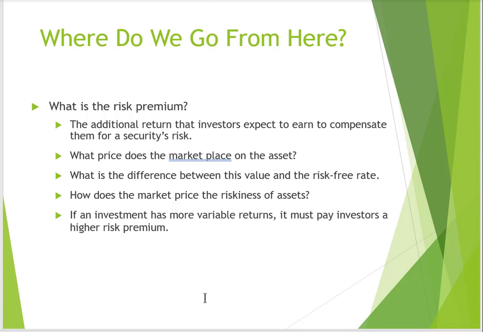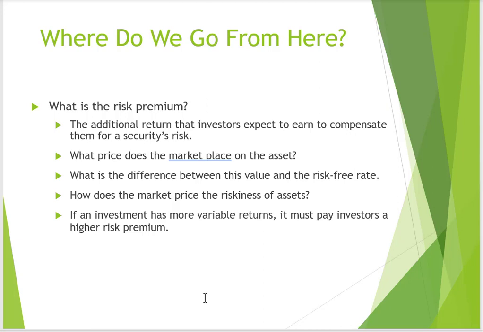So that has an impact on the marketplace, the price in the marketplace. It's going to have a difference in value, obviously, from that of the risk-free rate. How does the market price this risk? These are all things that we're going to explore in later videos.